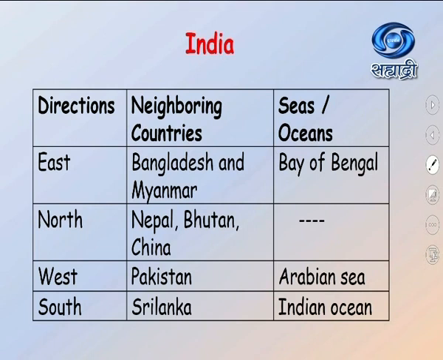And to the west we find Pakistan sharing its boundary with India. And to the west of the southern part of India lies the Arabian Sea. To the south we find the island of Sri Lanka, and the border of India is surrounded by the Indian Ocean. So this is the only ocean named after India.